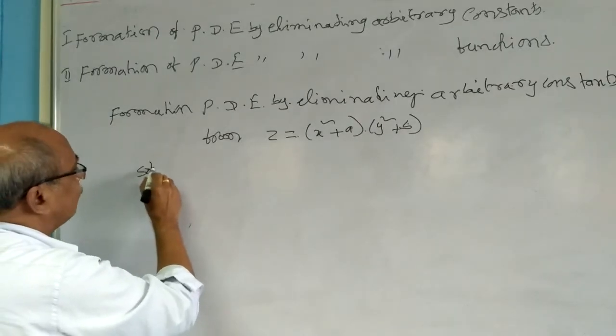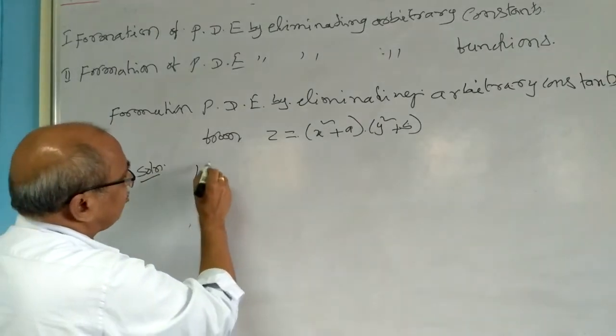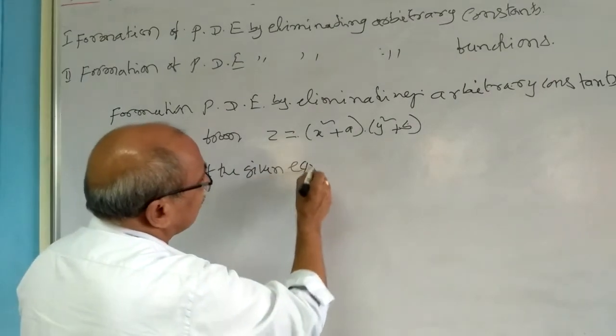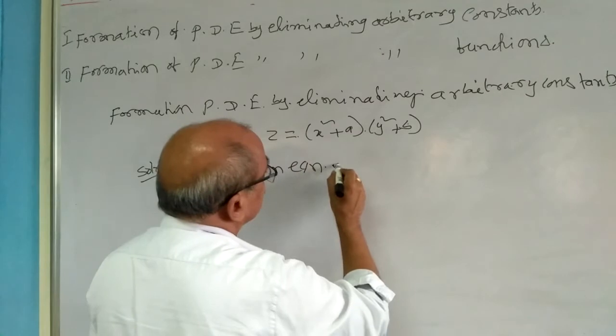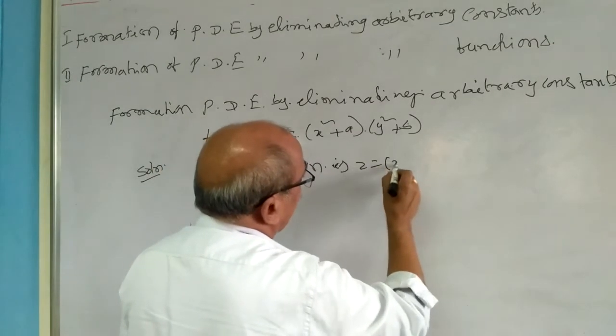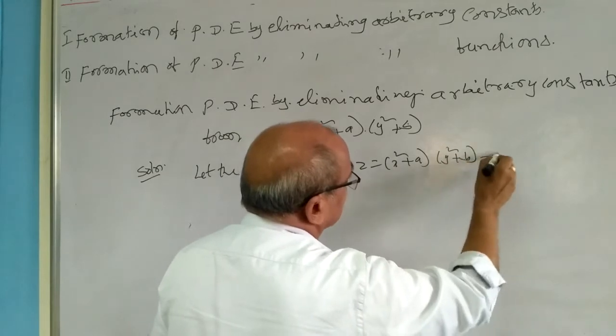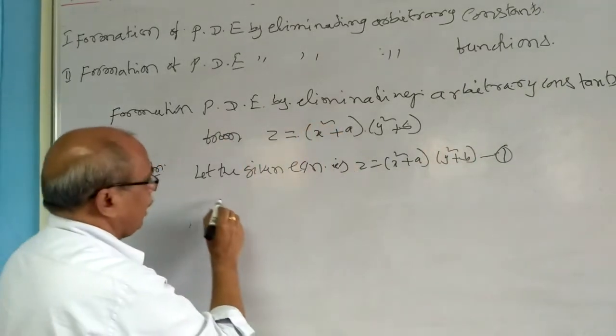So, solution: let the given equation be z = (x² + a)(y² + b), denoted by equation 1.